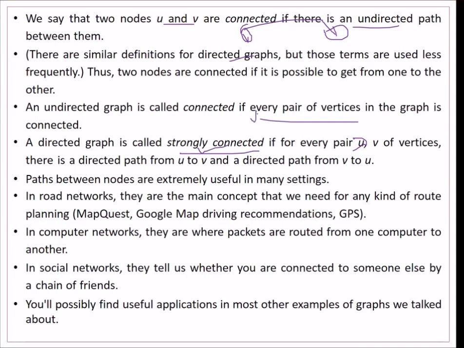Means if this is A, this is B, and you have two arrows like this, then this is a strongly connected directed graph.